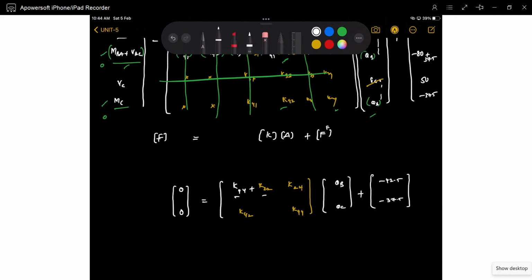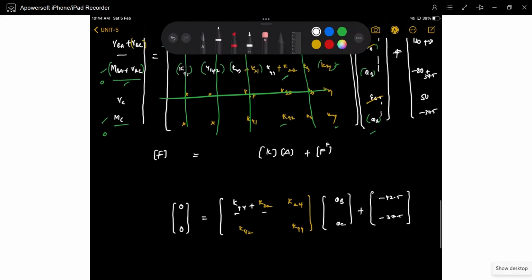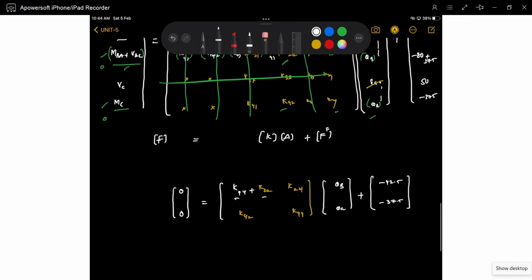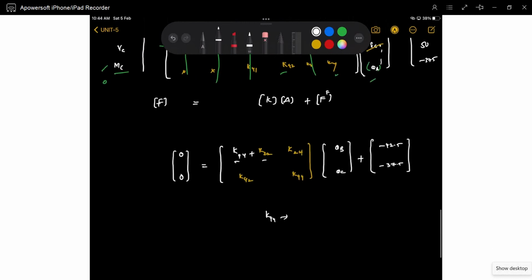That's it. Now we have to find out these values. K44 is what? K44 is 4EI by L, you already know it. This is K44, 4EI by L of the first matrix. First matrix, what is L? L is 4. K22 is what?